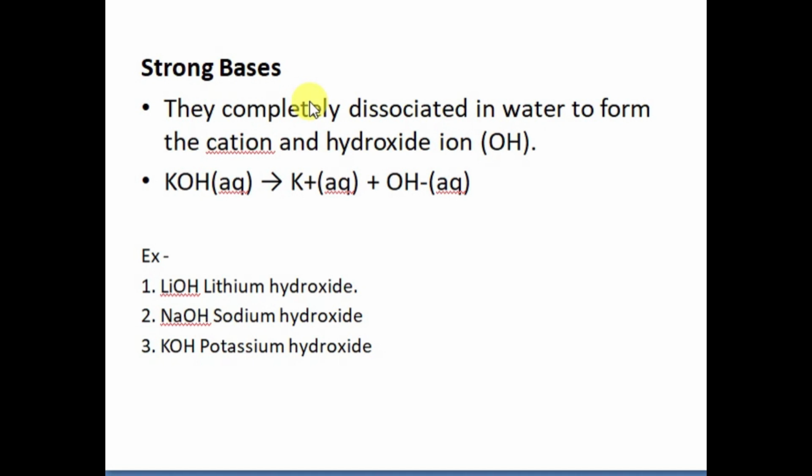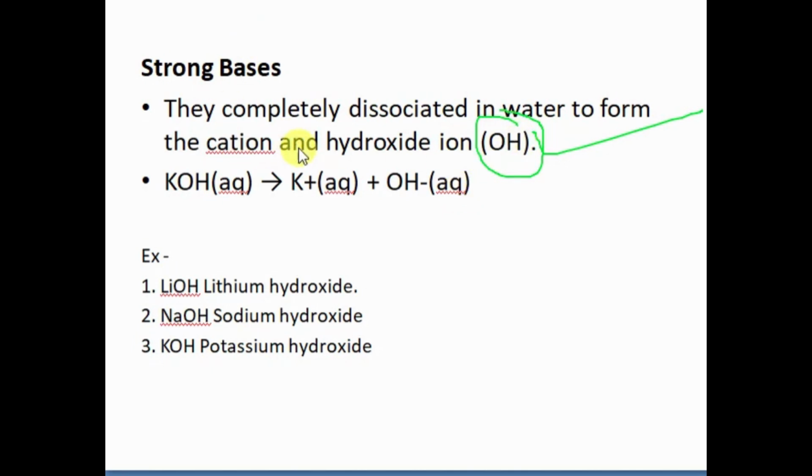Now, in bases also we have this partition of strong bases and weak bases. Like strong acids, which dissociate H plus ions completely, a strong base will dissociate OH minus ions completely. In the case of weak bases, they will partially dissociate OH minus ions.